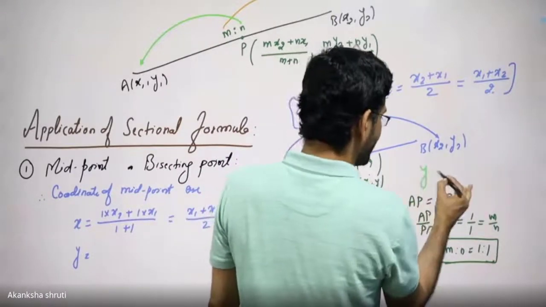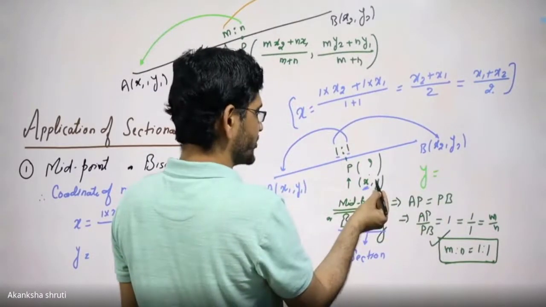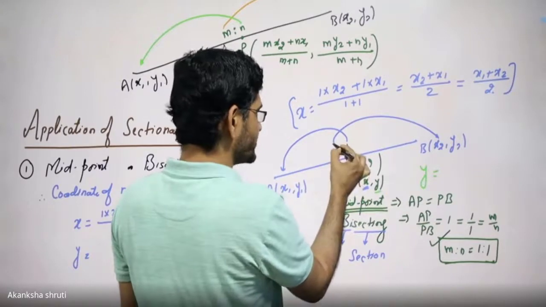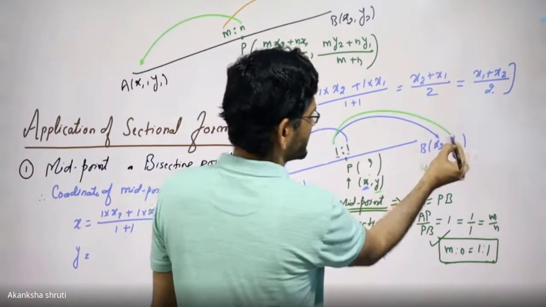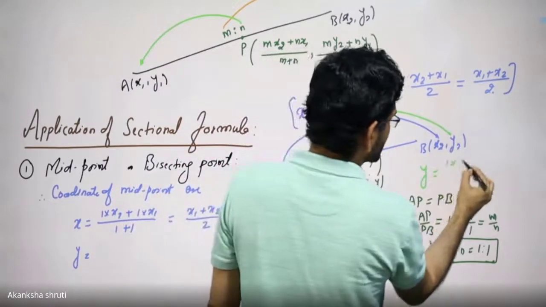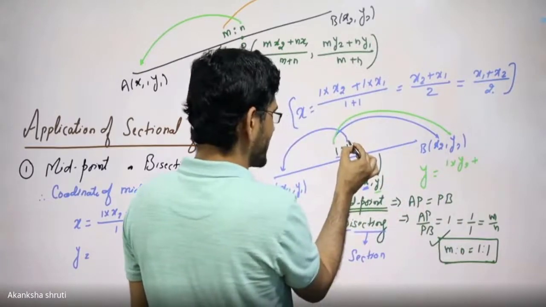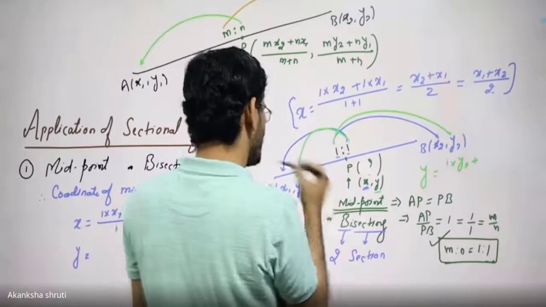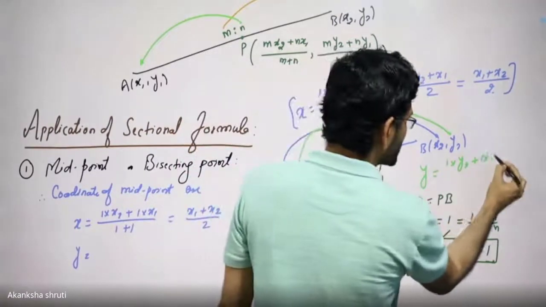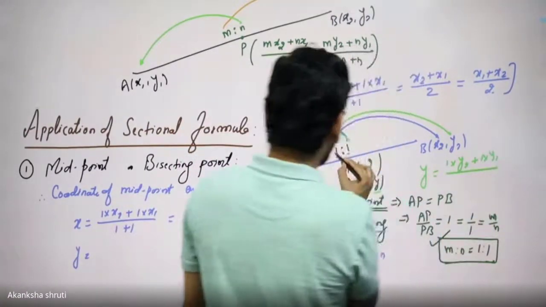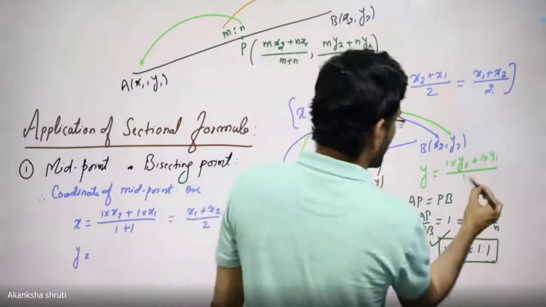So this y will be given by, start with this 1, multiply with this y2. So 1 into y2 plus the second part of the ratio, multiply with this y1, 1 into y1, divided by the sum of these two ratios, 1 plus 1.